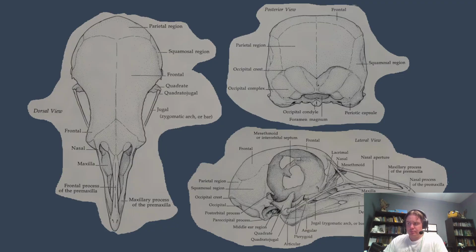More so, note the shape of it. The brain, because of the shape and the way this is oriented, the brain is actually tilted inside the skull. It has to tilt back, so it doesn't sit like our brain does in a horizontal position. It sits tilted.